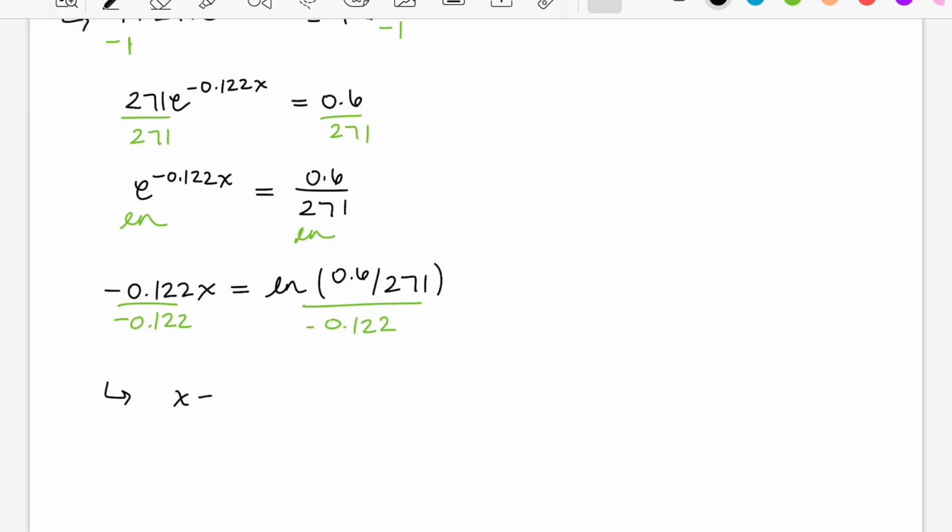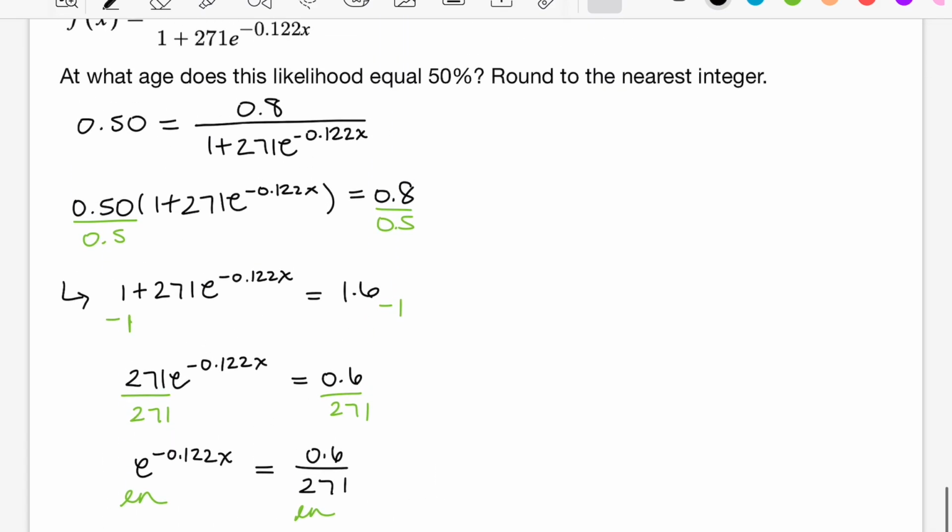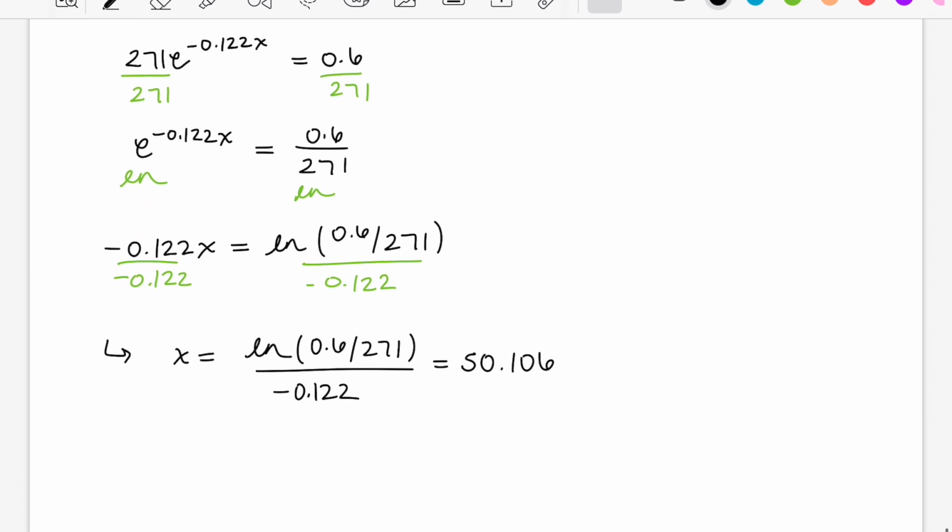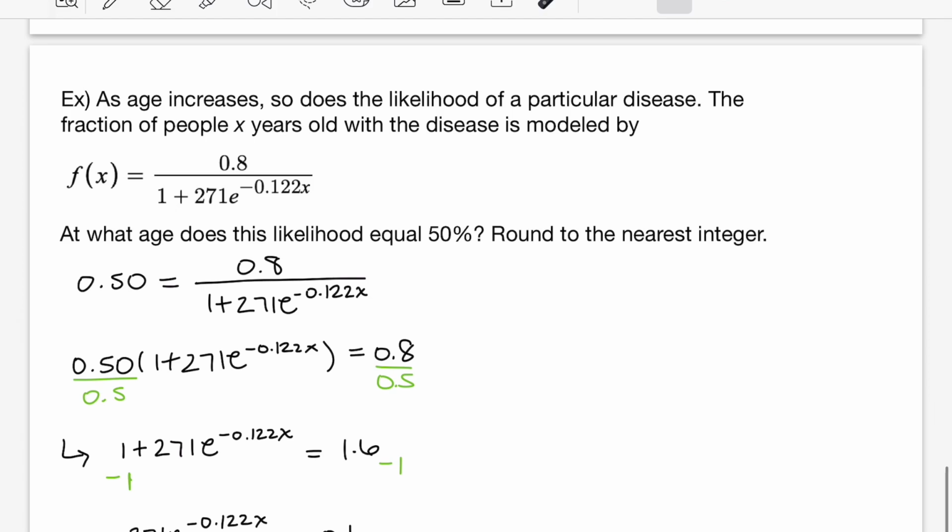Doing so, we'll plug this into our calculator, and we'll get 50.106, and then we're going to round this to our nearest integer. So this will be roughly 50 years is when the likelihood of a particular disease will equal 50%.